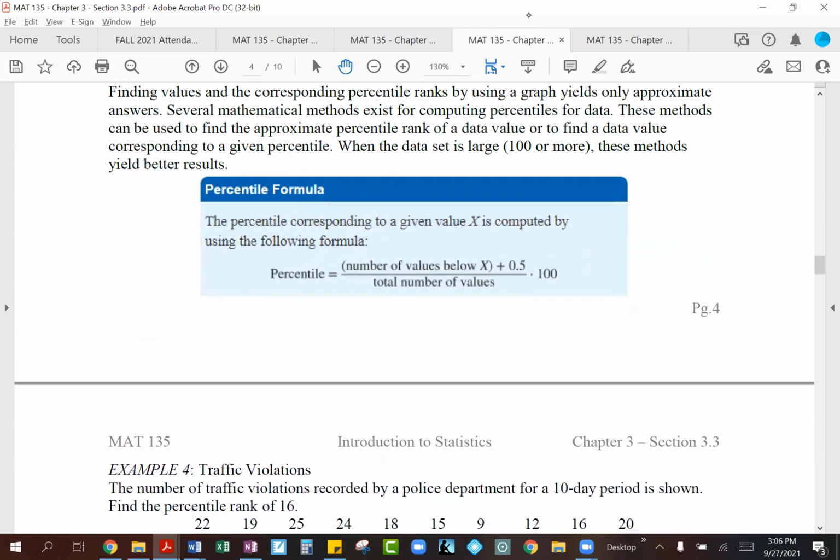So your percentile calculations are based on, whatever data value you are looking at, how many values are below that data value. Add a 0.5 to it, divide by the total number of values, and then multiply it by 100, because we do not want to leave our answer in decimals.